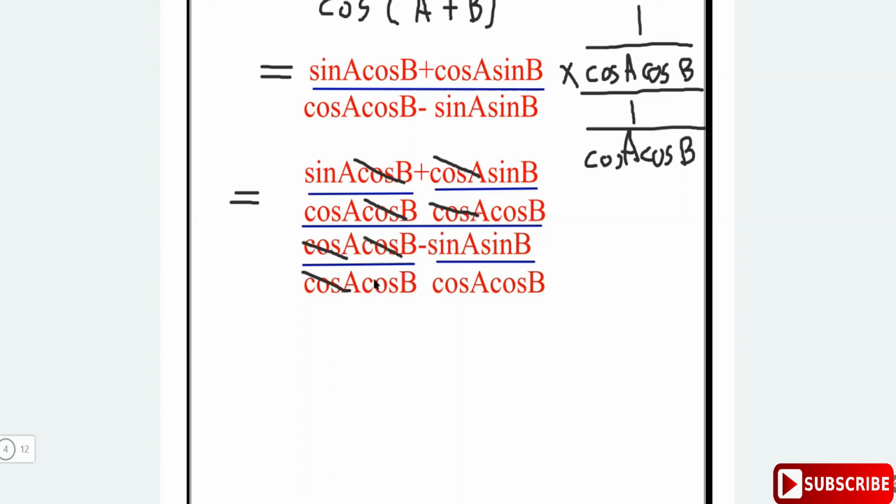Cos B over cos B cancels, which leaves just 1. And then sine A over cos A is tan A. Now sine B over cos B is tan B. So we get tan A plus tan B.